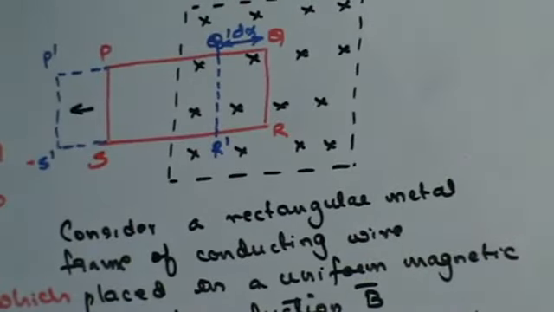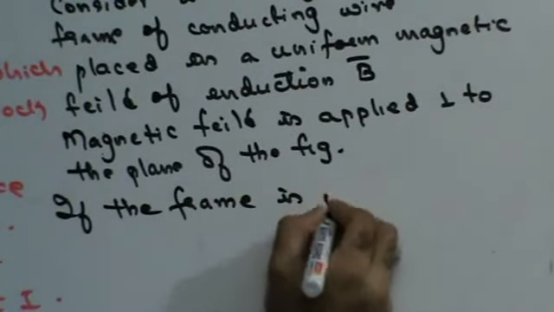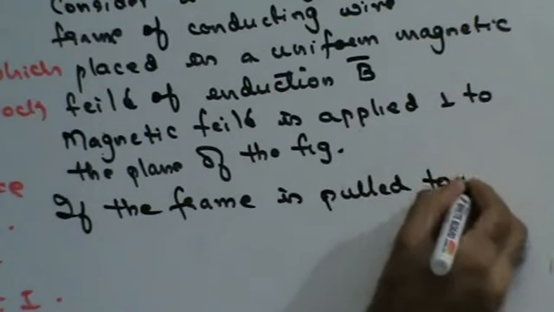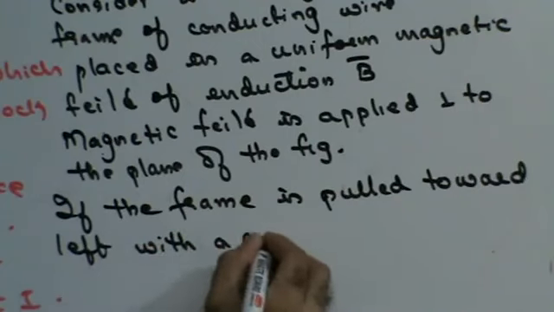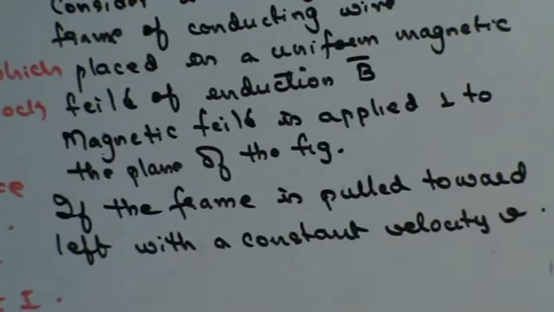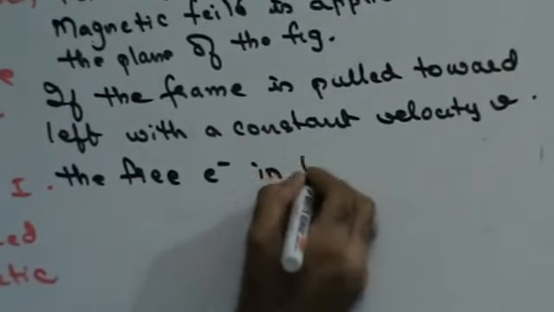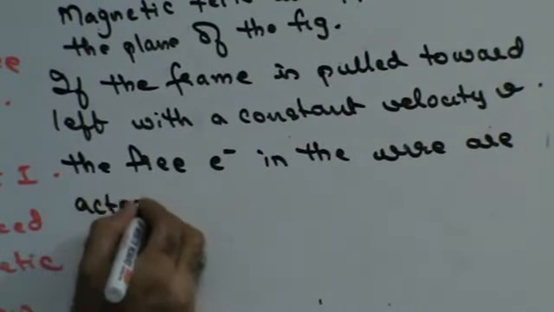If the frame is pulled towards the left with a constant velocity v, in that case, the free electrons in the wire will be acted upon by a force.